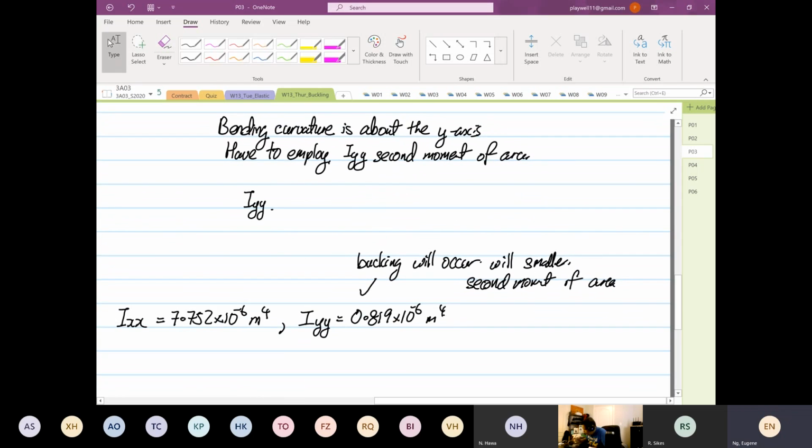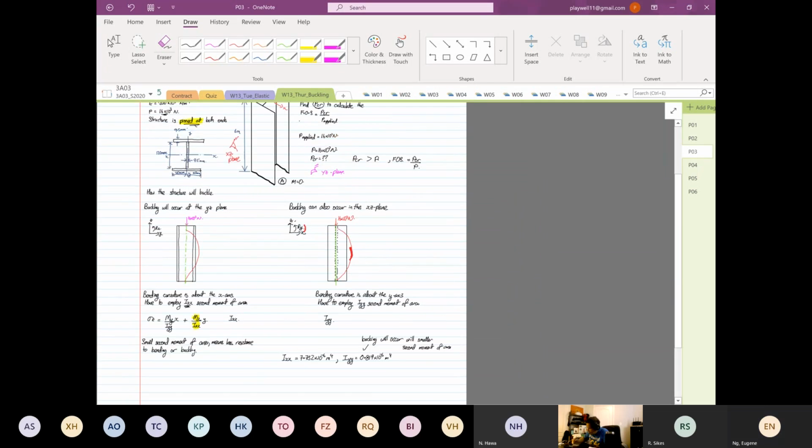So we'll buckle with the smaller second moment of area, i.e. it will buckle on the what?